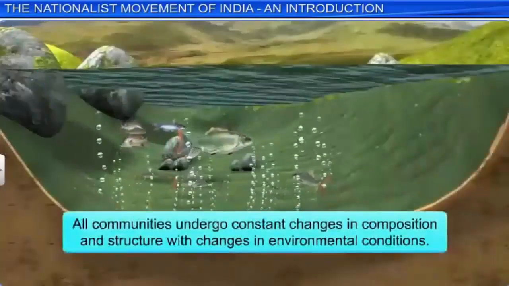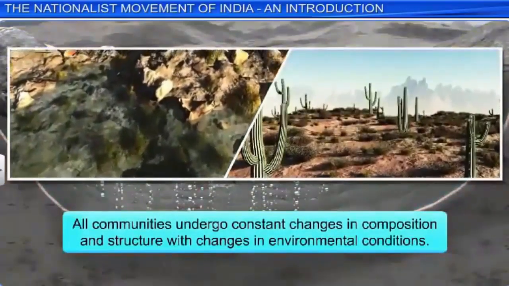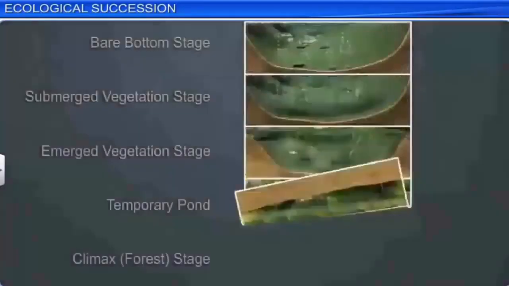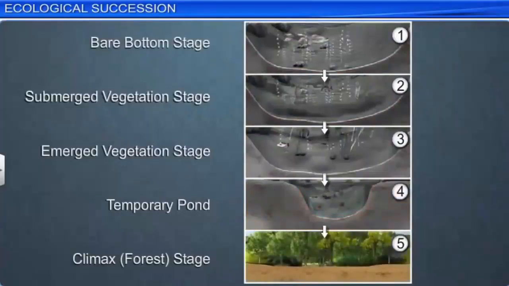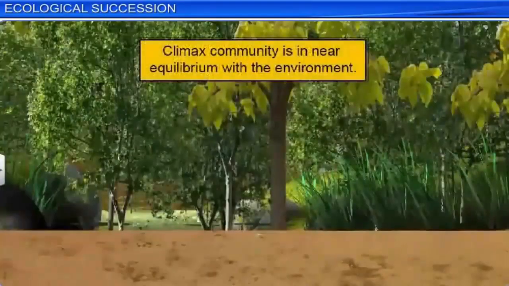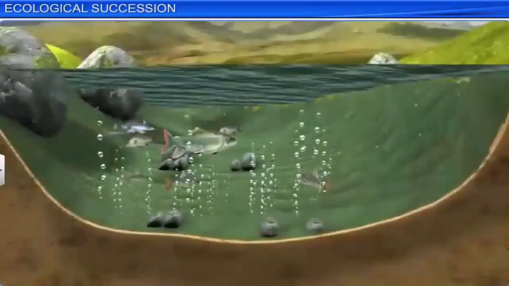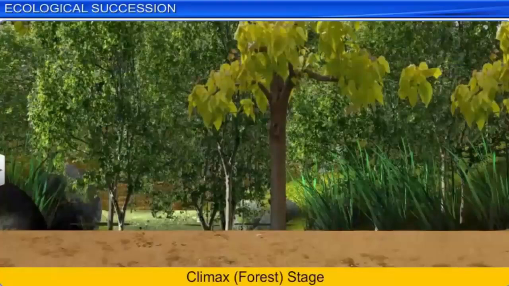All communities undergo constant changes in their composition and structure in response to changes in environmental conditions. These changes take place in a sequential and orderly manner, leading to a climax community which is in near equilibrium with the environment. For example, in the ecological succession from a pond to a forest, the climax community is the forest.